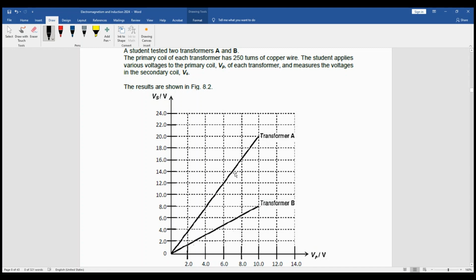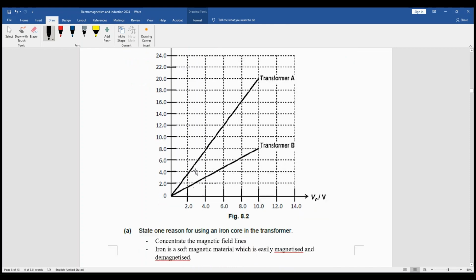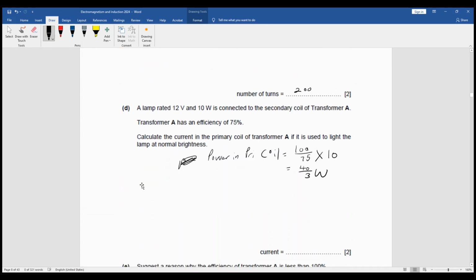I think it's 1 is to 2. It's a step up transformer. So I step up to 12. That means primary voltage should be 12 divided by 2, which is 6 volt.